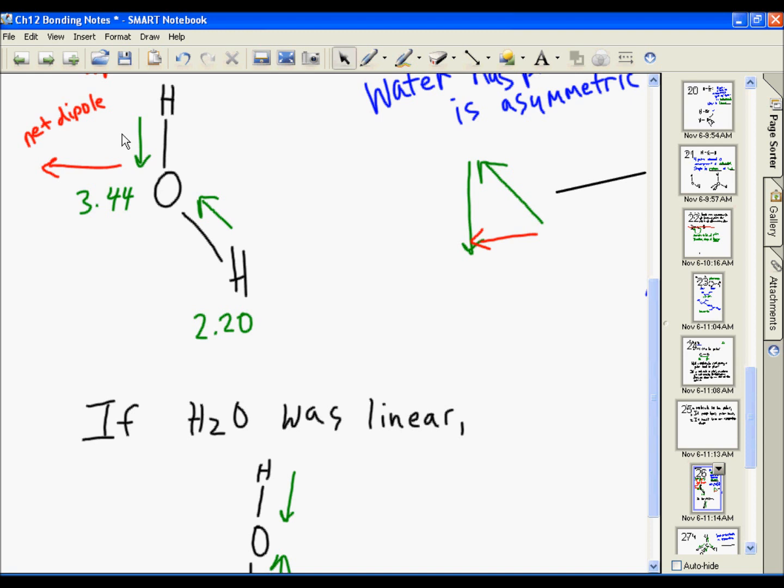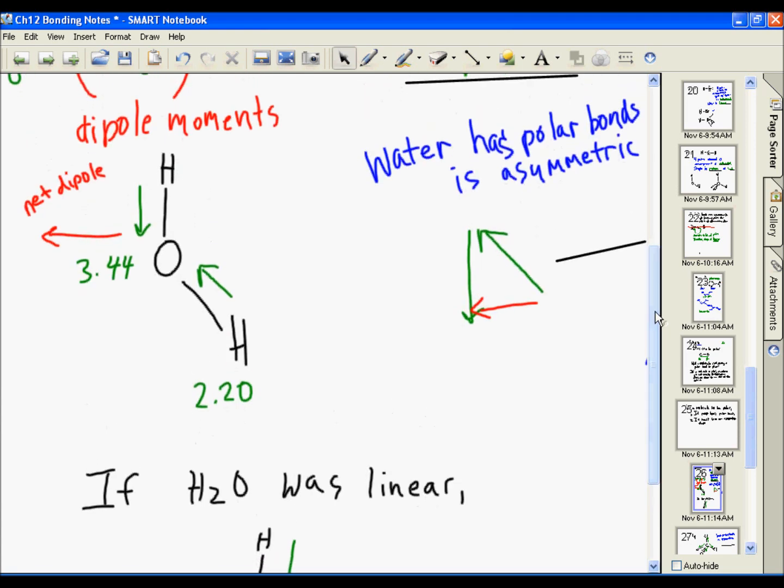If I represent it using the model and rotate it such that the bonds change position with the lone pairs, you can tell it's been rotated. When I talk about rotating, I include the lone pairs. So it is asymmetric. It has polar bonds and it's asymmetric, and because it's asymmetric, the dipole moments don't cancel out.